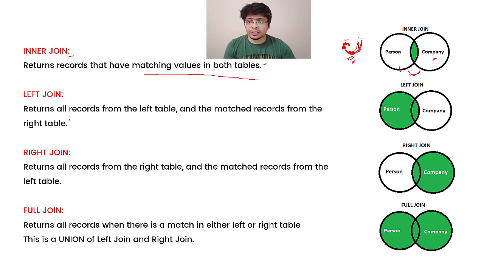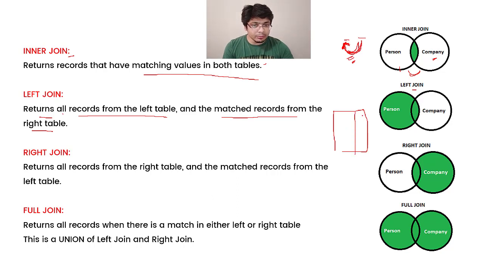So let's go ahead and check out what is left join. Left join returns all the records from the left table and the matched record from the right table. What is it? So in this case, it will return the list of all the persons that you have. Okay, all the entries in the persons table. But there will also be a column for company, right? And if this person has created a company, right, is a founder in that company, it will get listed here also.